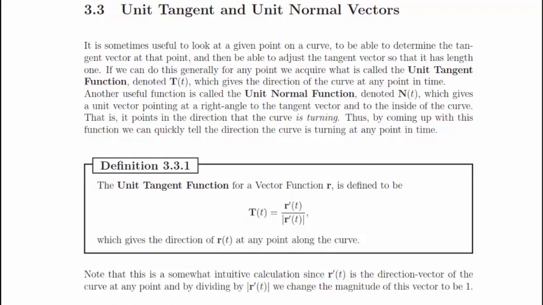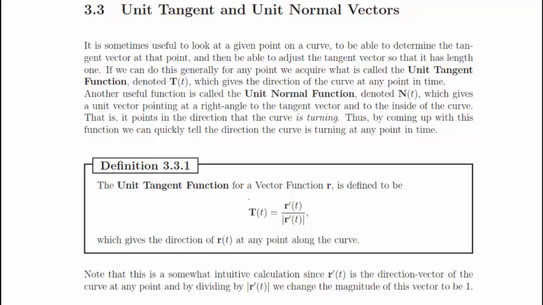Getting to about the halfway point in this lecture, we have 3.3, the unit tangent and unit normal vectors. We've actually looked at the unit tangent function already in the last lesson, and it's defined below here. Let's just read this intro. It is sometimes useful to look at a given point on a curve to be able to determine the tangent vector at that point, and then be able to adjust the tangent vector so that it has length 1.